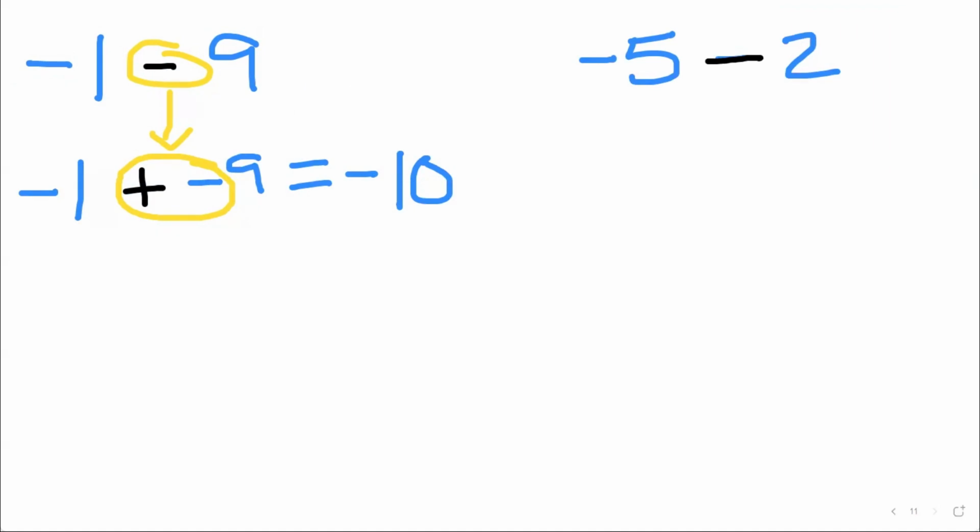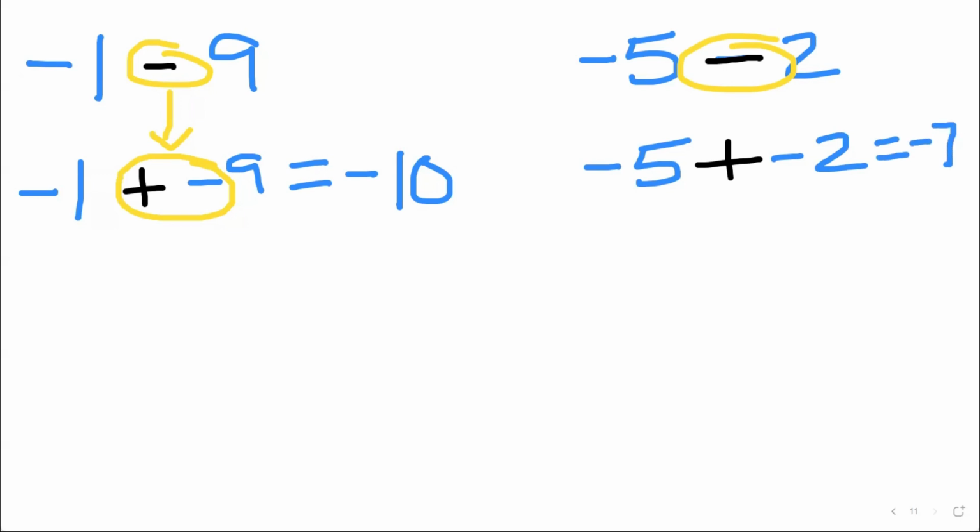So subtracting a positive is the same as adding a negative. So we're going to change this into plus -2. The -5 out front stays the same. I'm adding negatives. 5 negatives and 2 negatives is going to give me 7 negatives.